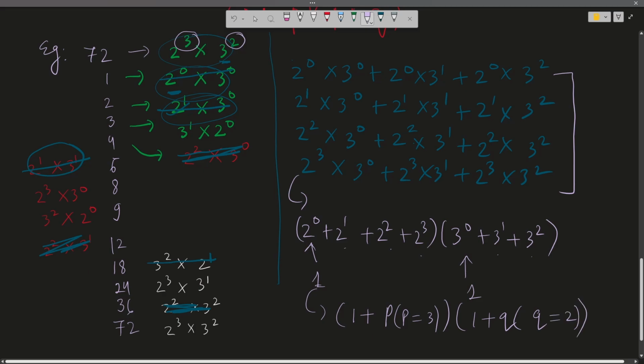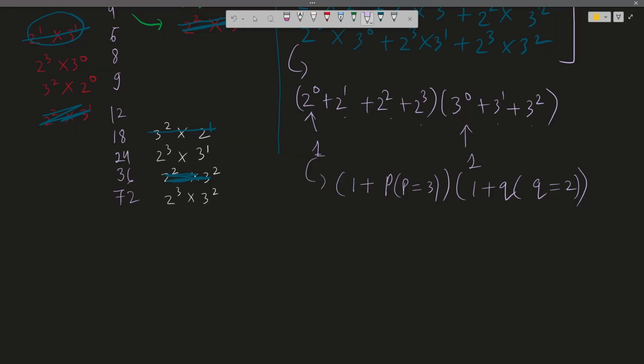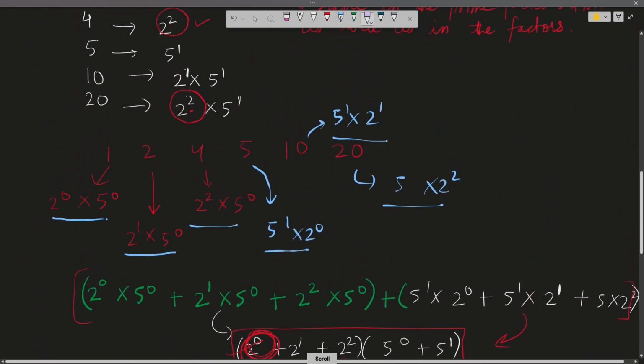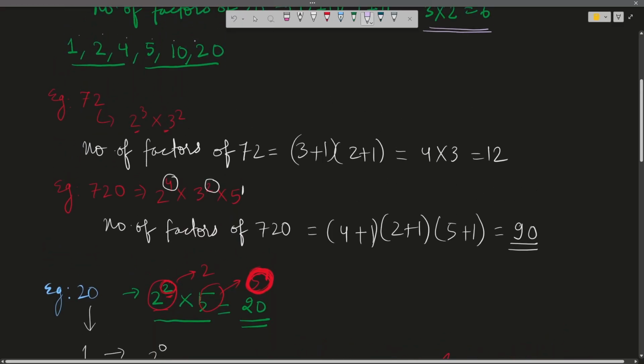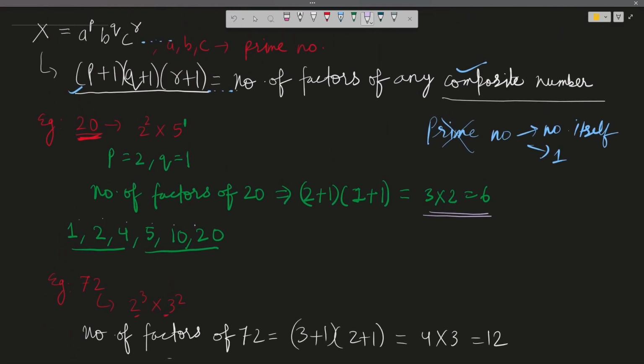So this is how we reach the formula for the number of factors of any composite number. Hope this gives you some understanding of the number of factors in any composite number.